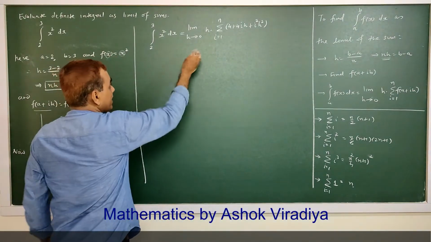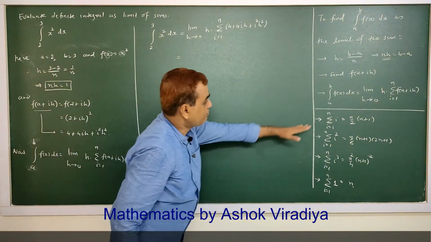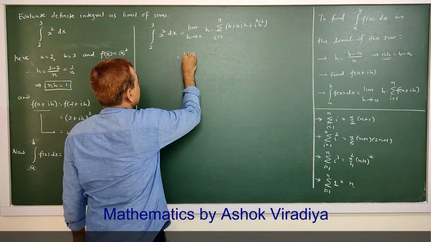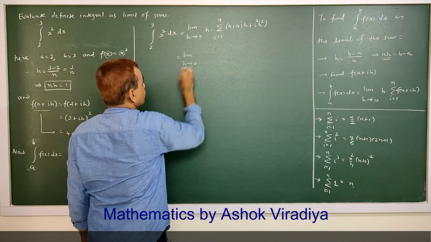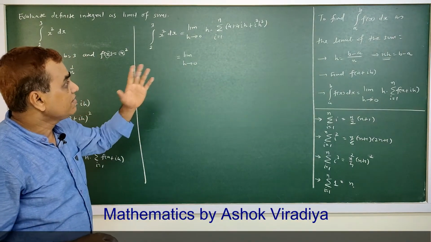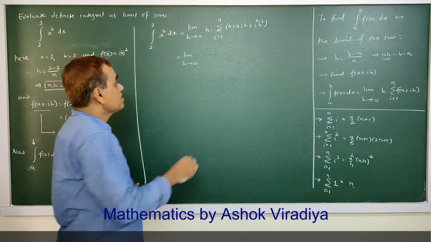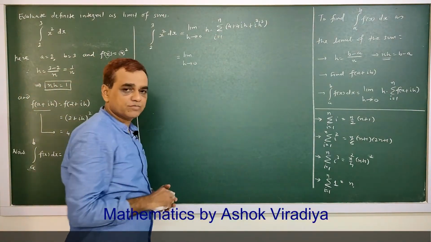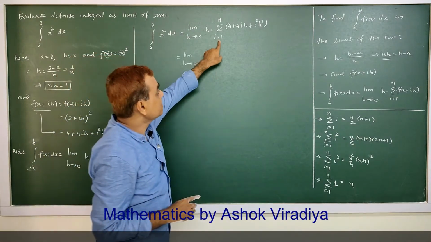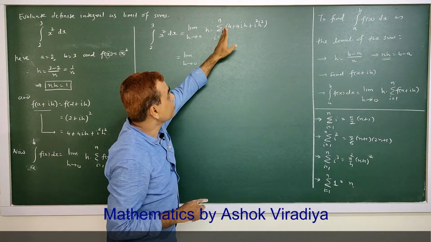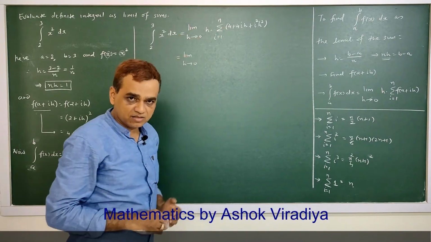Now we calculate using the formulas for sigma, with the limit as h tends to 0. For sigma, i is the variable, so we are not allowed to take i outside the sigma.